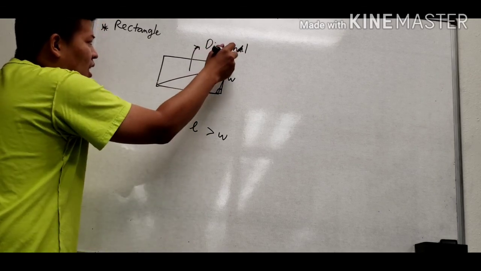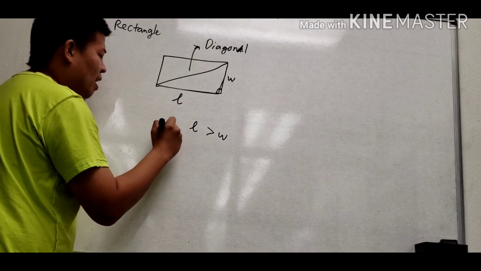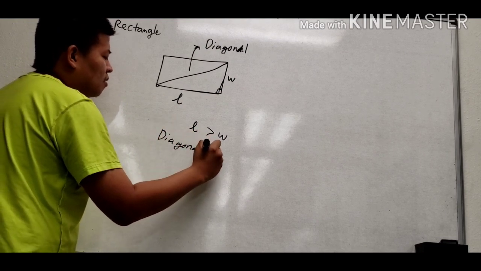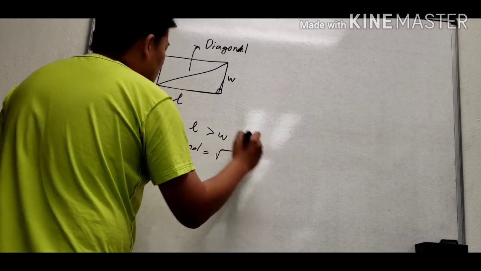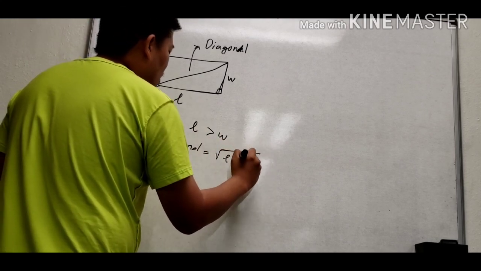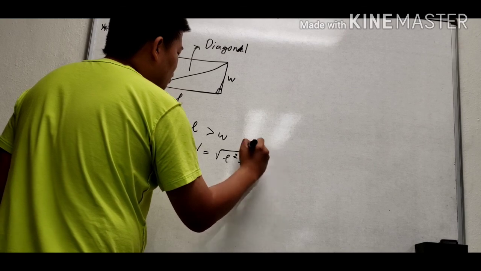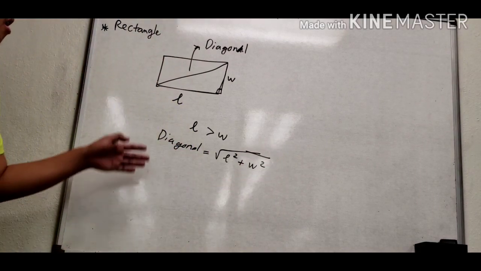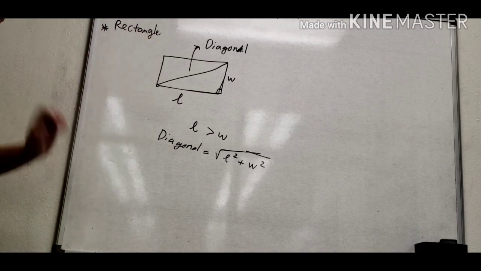To find the diagonal, you will have the square root of the length to the power 2 plus W to the power 2. We use the Pythagorean theorem of the triangle, and we just apply it to the rectangle.